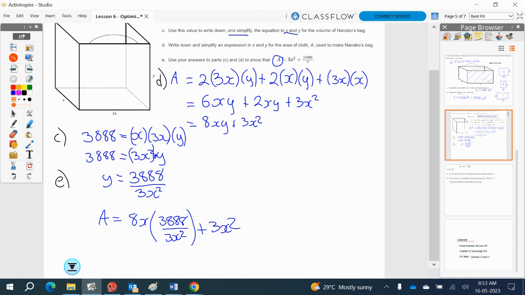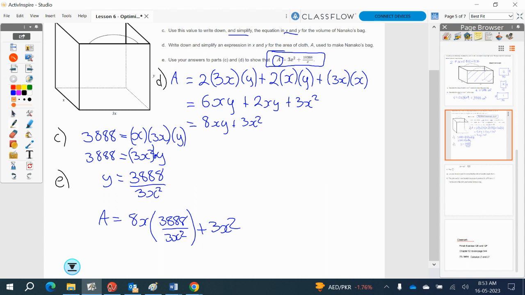This is the typical structure for this question. It's saying use your answers to these parts to show that this is true. Look at the one we've got and the one we're after. They're similar. Look at the two formulas. We've got the 3x squared already. We need to make that number out of these.